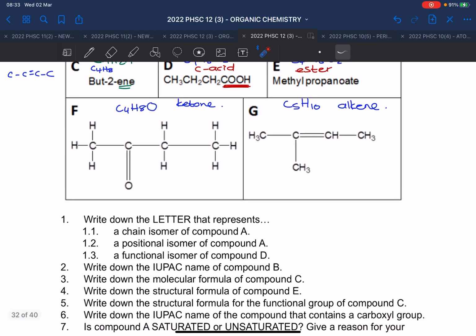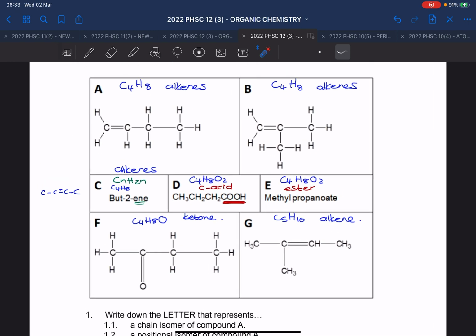Write down the letter that represents a chain isomer of compound A. Okay, so we already said, wait, compound A there, the isomers for A can either be B or C. Chain isomer means the parent chain's length must be different. This is butane, this is butane, so it can't be that one.